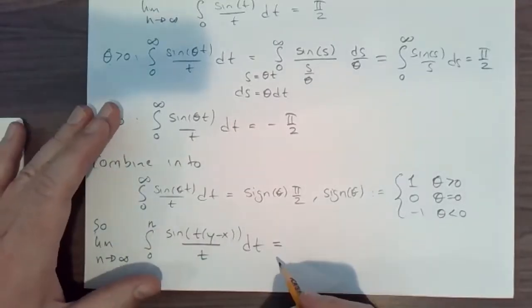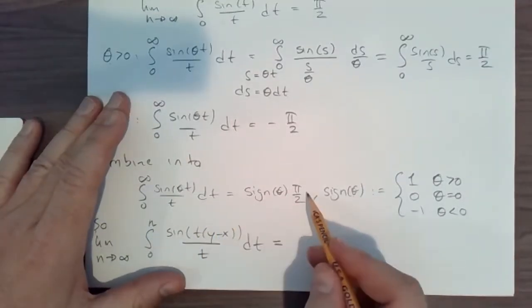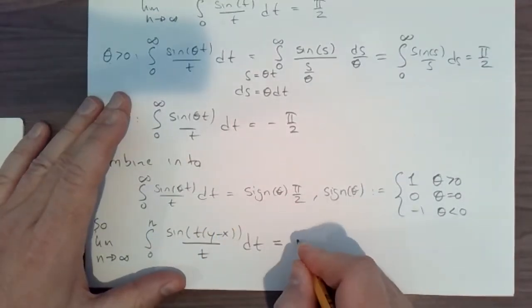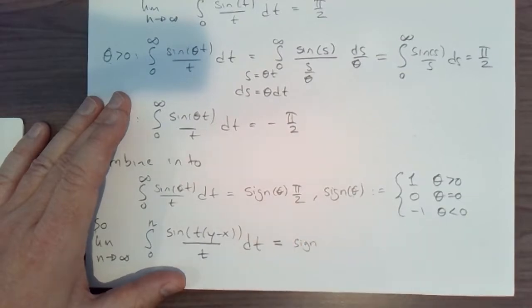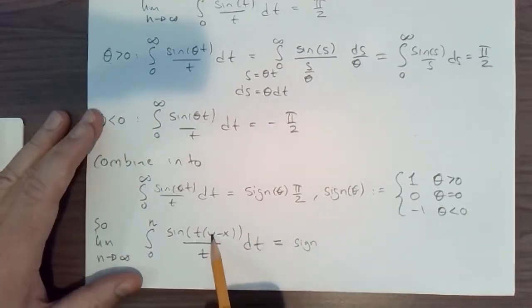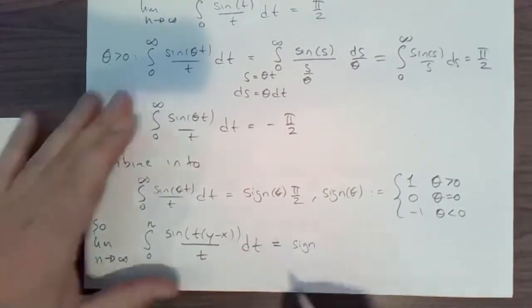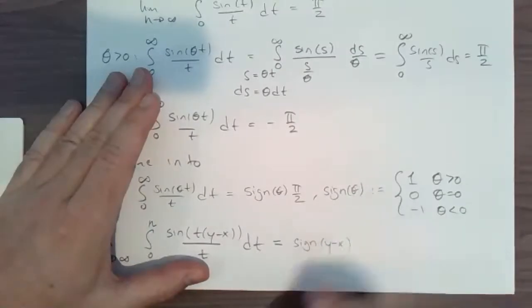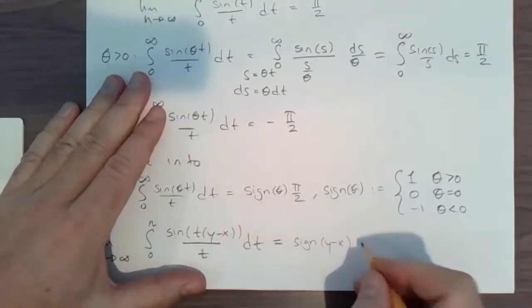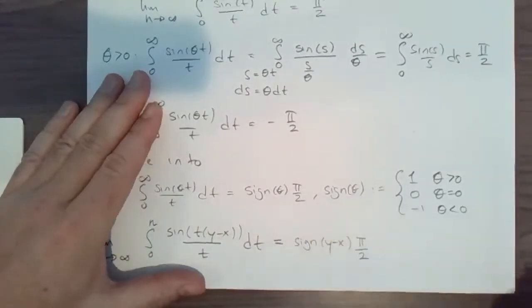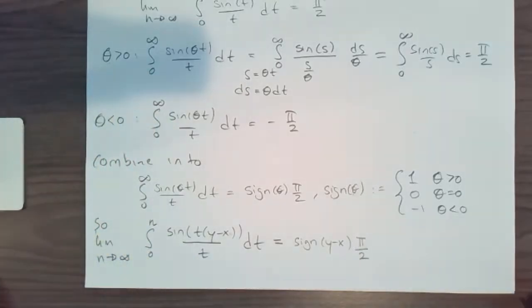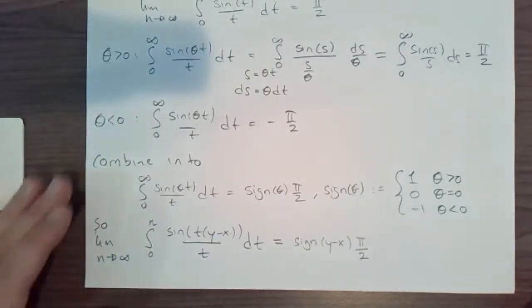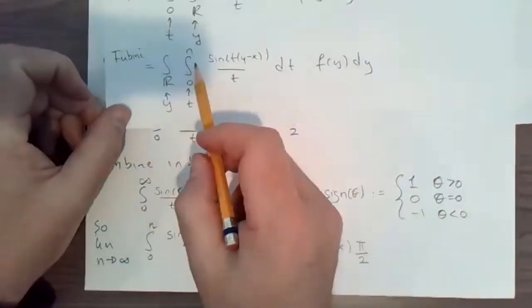Well, using that notation up here, that would be sign of y minus x, and then it'll be pi over 2. That's the thing that's sitting inside here.